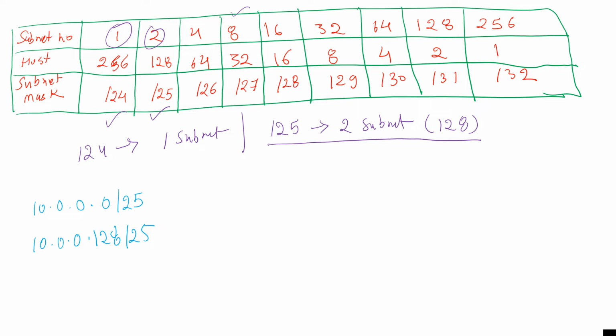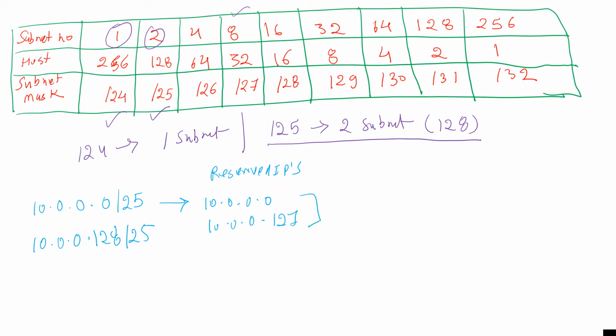Now, some of the IPs will be reserved. So always the first IP is the network IP and the last one is the broadcast IP. Those are reserved. In this first example, we take 10.0.0.0 and 10.0.0.127, because it's going till 127.